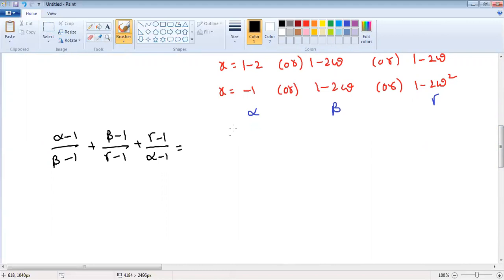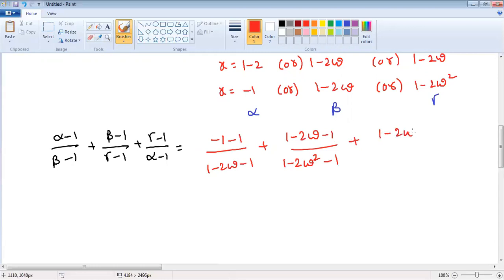Now substitute all the values which we know as alpha, beta, gamma. When you substitute, it becomes (minus 1 minus 1) divided by (1 minus 2 omega minus 1) plus (1 minus 2 omega minus 1) divided by (1 minus 2 omega square minus 1) plus (1 minus 2 omega square minus 1) divided by (1 minus 1 minus 1).